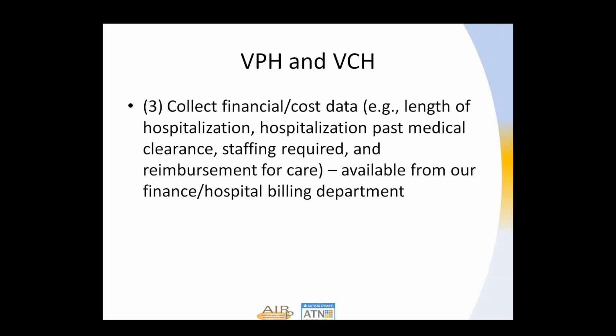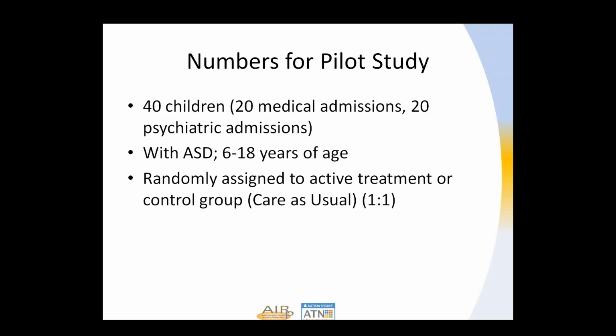And then finally, one of the things that we're looking at in both settings is the financial cost of the hospitalizations, and we're going to get that from our billing and finance departments after the kids are discharged. We're looking at 40 kids, 20 in the children's hospital and 20 in the psychiatric hospital, again with ASD from 6 to 18. And we're randomly assigning these kids to either an active treatment arm or a control group.